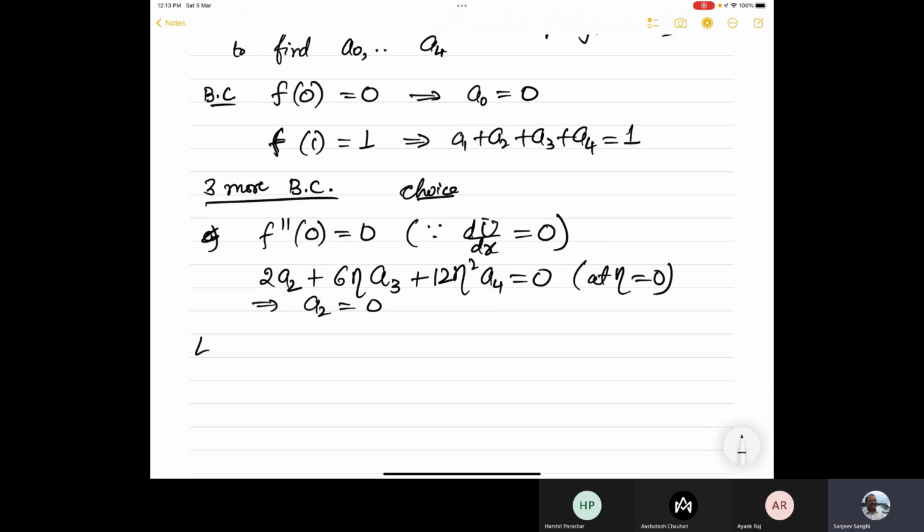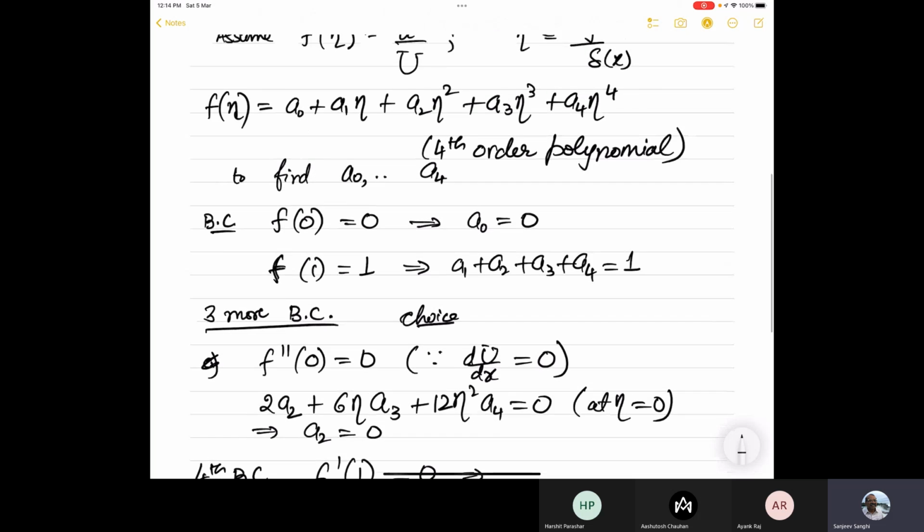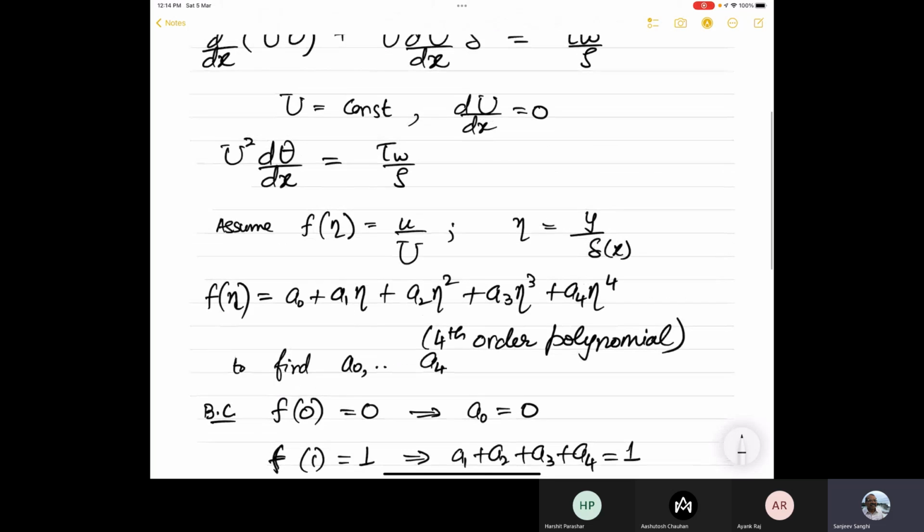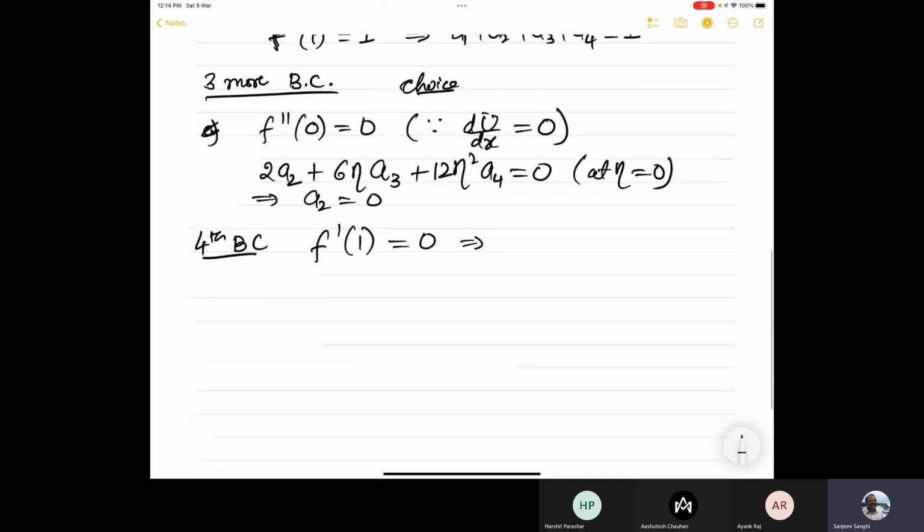Now the fourth boundary condition we will use is, we go to the top of the boundary layer. We say f prime of 1 is equal to 0. And now you can do this. So if you have this, f is this. So now what you have here is f of eta is equal to A1 eta plus A3 eta cube plus A4 eta 4.